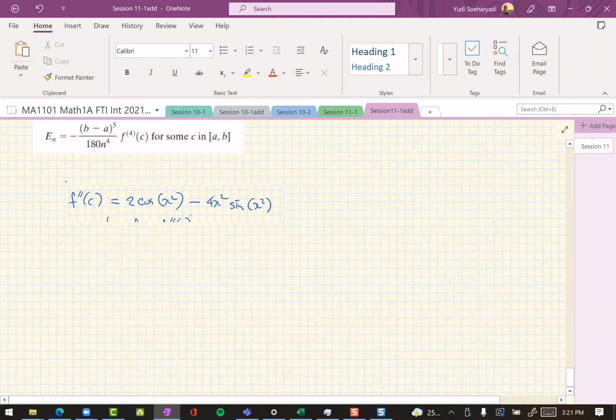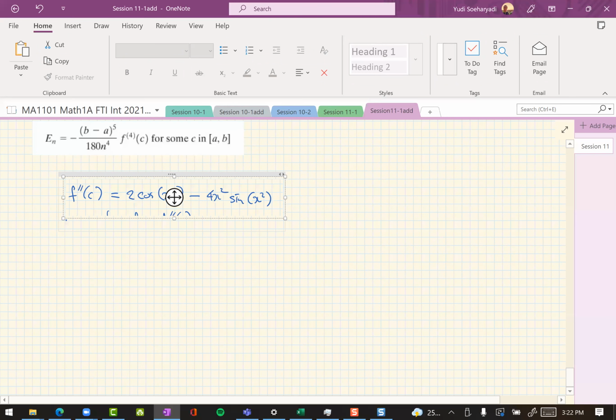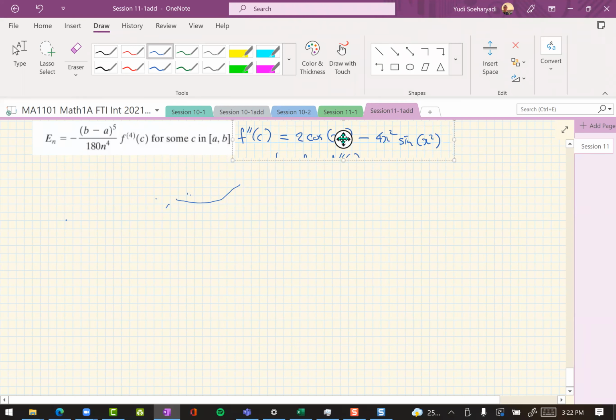So that's the first derivative, second derivative, third derivative.